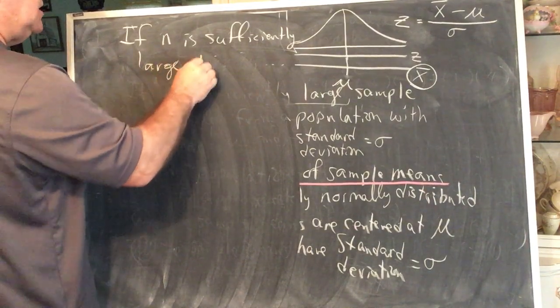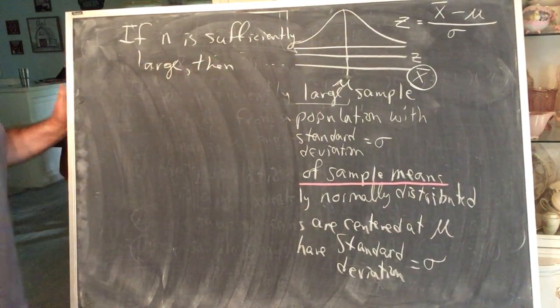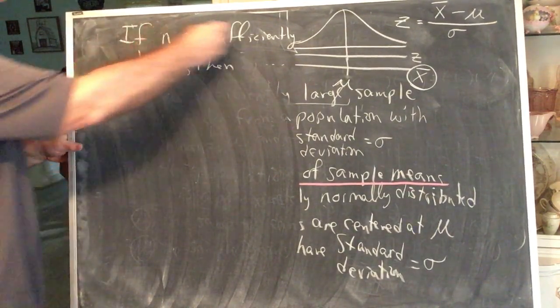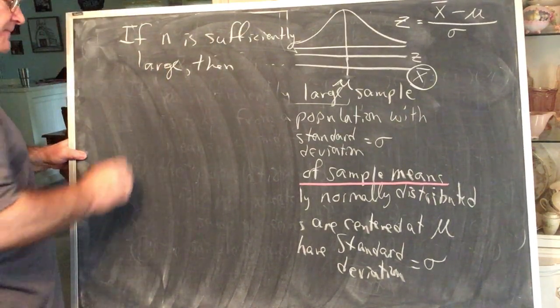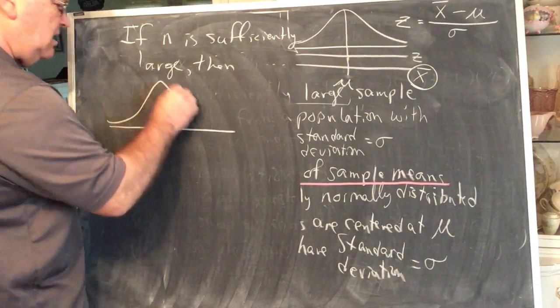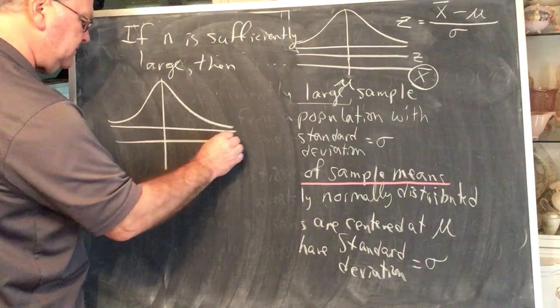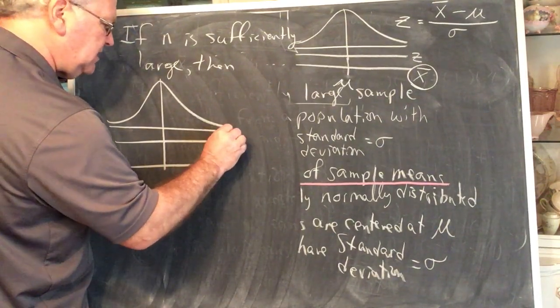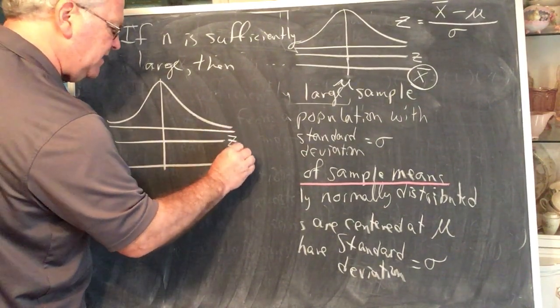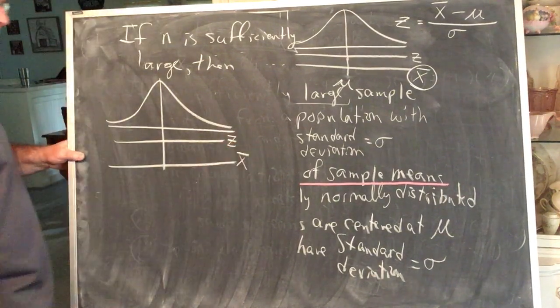If n is sufficiently large, and again, we'll talk about sufficiently large later, then, number one, we get to use the normal curve. This is the z scale. This is the x bar scale.